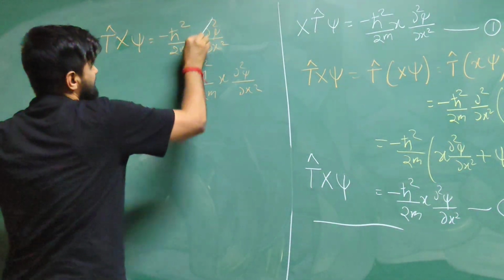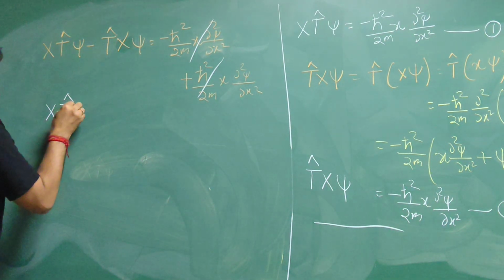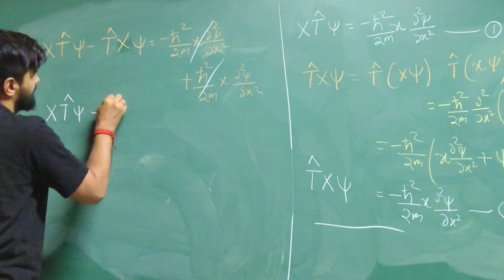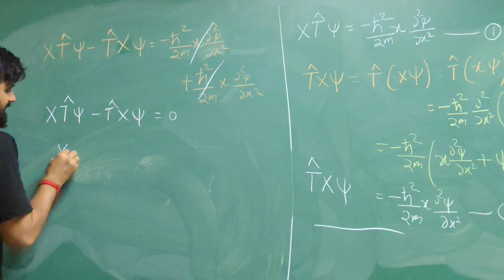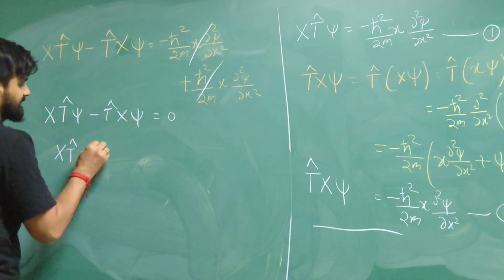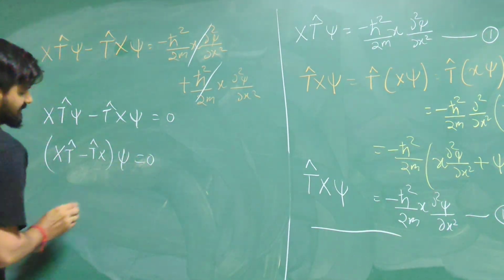You should see this gets cancelled out, and finally x T cap psi minus T cap x psi equals 0. That means x T cap minus T cap x, operating on psi, equals 0.